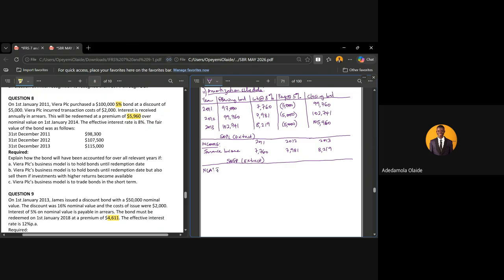Non-current assets, financial assets. Then current assets, financial assets. So initially it will be a non-current asset at the end of 2011, 99,760. At the end of 2012, 102,741.